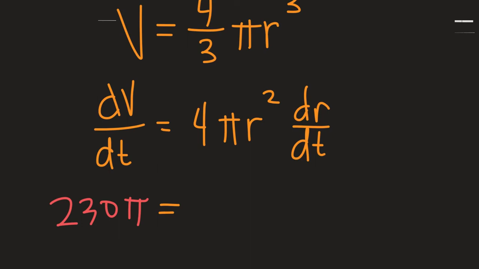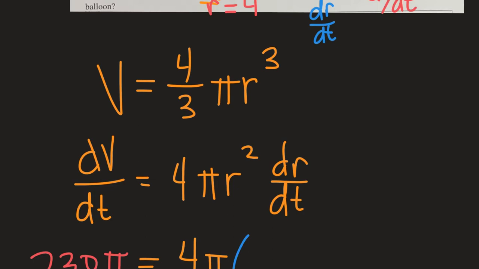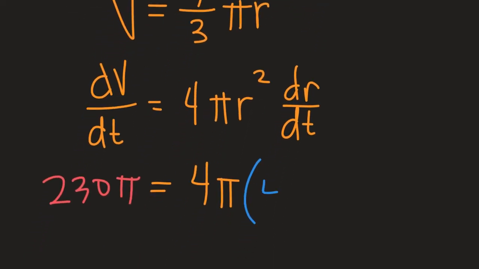Okay, so 230 is our rate that the volume is changing. We still have a 4 and a pi. Now, what did it say our radius was? 4. Our radius is 4, so that's 4 squared, and we're going to solve this for dr dt. That is the thing that we do not know, the rate at which the radius is changing.